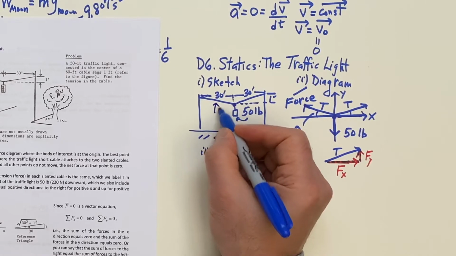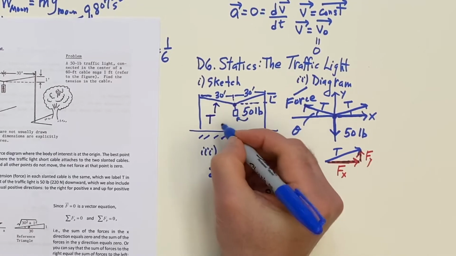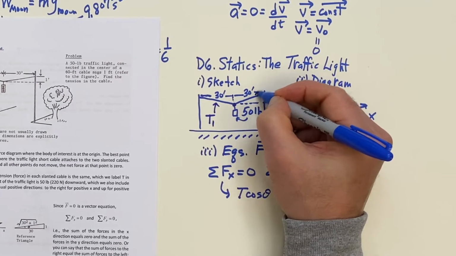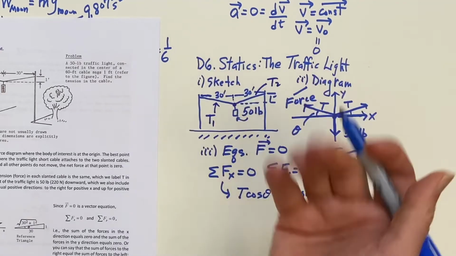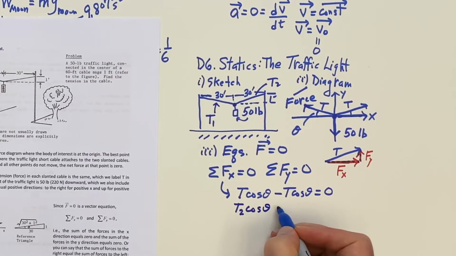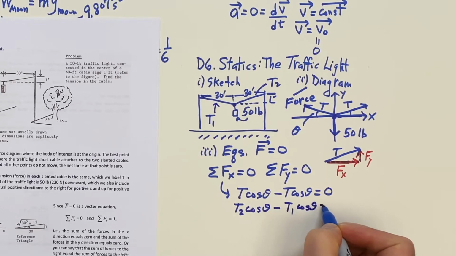And we call this one T1, and we call this one here T2. Like say we didn't know that, all right? Then we would have T2, that's the one going to the right, cosine theta, minus T1 cosine theta equals 0.